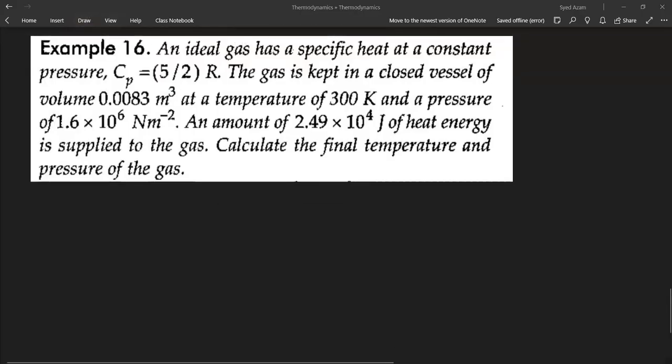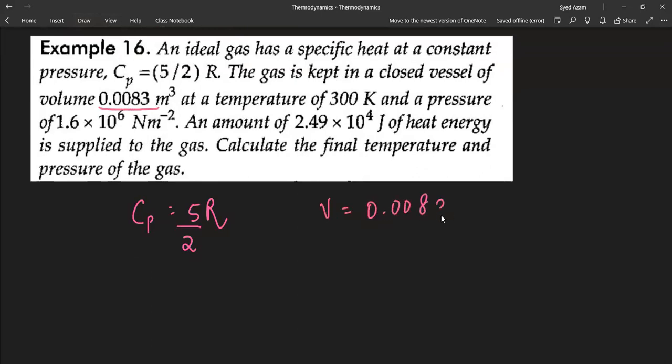See class, this says an ideal gas has a specific heat at constant pressure, that is Cp, given as 5/2 times R. The gas is kept in a closed vessel of volume 0.0083 meter cube at a temperature of 300 Kelvin and a pressure of 1.6 into 10 to the power 6 Newton per meter square.